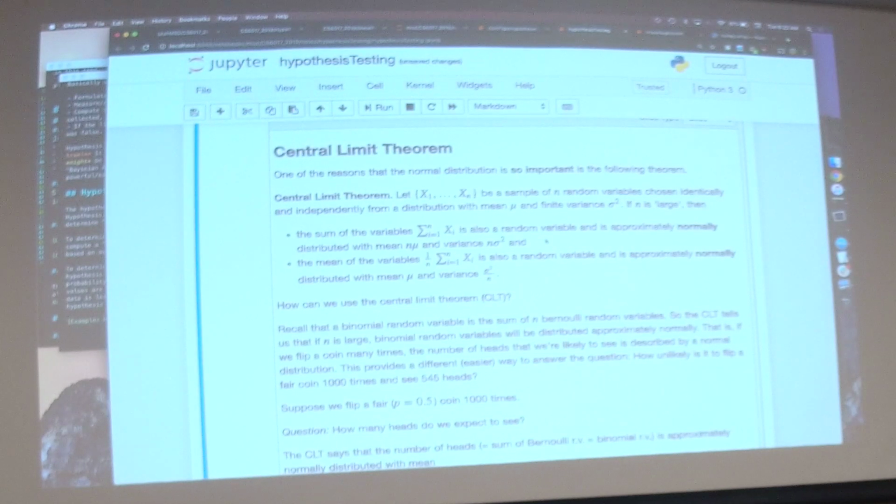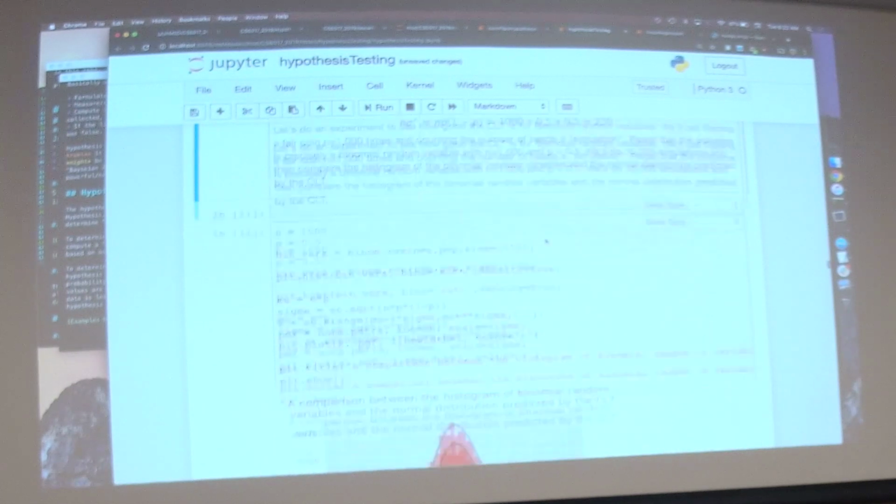It's useful for us because when we have a lot of data, we can assume that we're going to get a normal shape out, no matter what the data looks like, which is pretty cool.